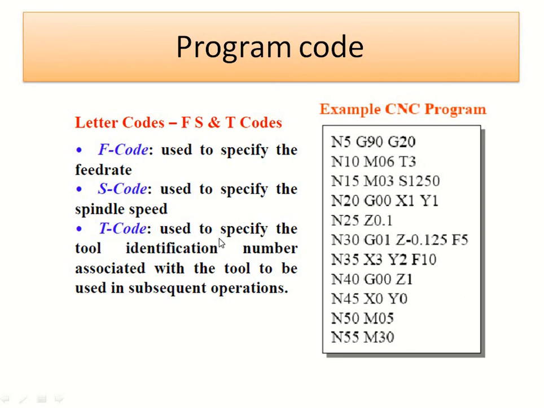And the T code is used to specify the tool identification number associated with the tool to be used in the subsequent operation, for example T3. So T1, T2, T3, T4 are the numbers of tools sequentially placed on the machine, and as per the operation we can use the T codes.